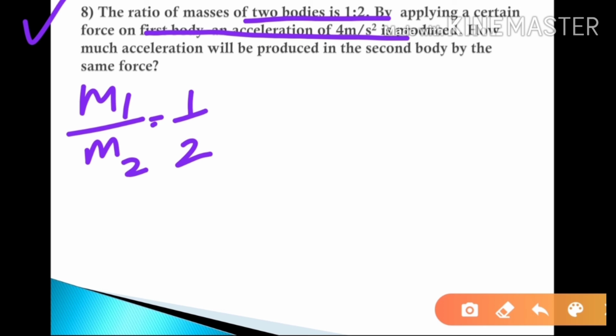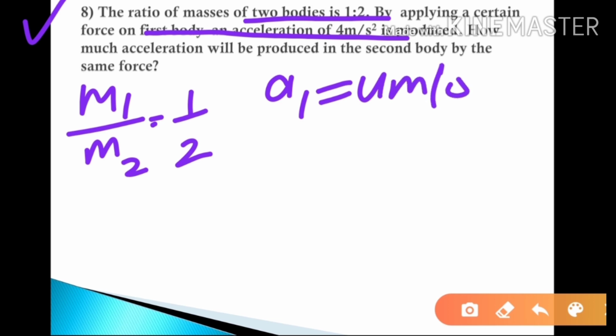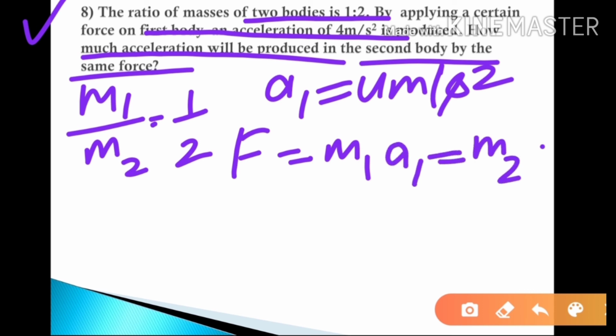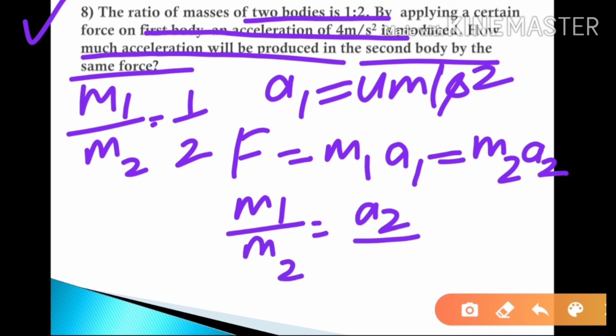A बॉडी के ऊपर कुछ सर्टेन फोर्स अप्लाई करने के बाद A बॉडी में एक्सेलरेशन प्रोड्यूस होता है 4 मीटर पर सेकेंड स्क्वायर. हाउ मच एक्सेलरेशन विल बी प्रोड्यूस्ड इन द सेकेंड बॉडी बाय द सेम फोर्स? अगर सेम फोर्स लगाते हैं हम सेकेंड बॉडी पे, तो वी हैव टू कैलकुलेट द एक्सेलरेशन प्रोड्यूस्ड इन द सेकेंड बॉडी. So as according to question, force is same, so m1 a1 will be equal to m2 a2, and here m1 upon m2 will equal a2 upon a1.